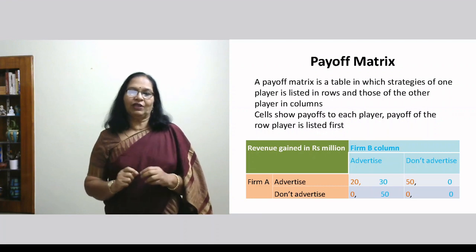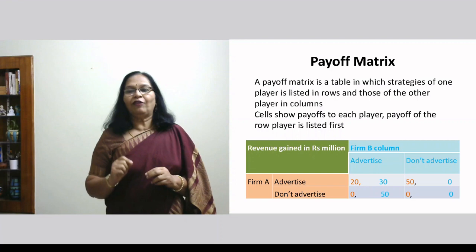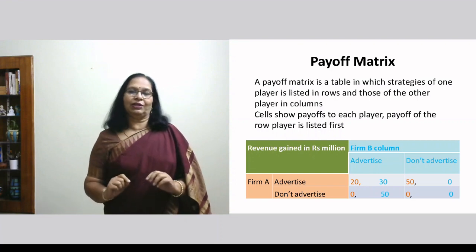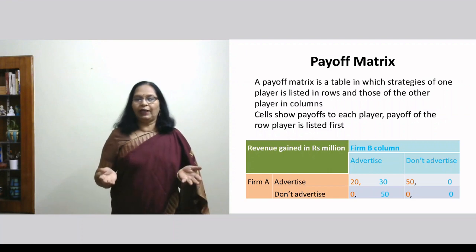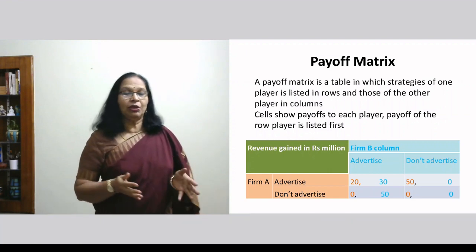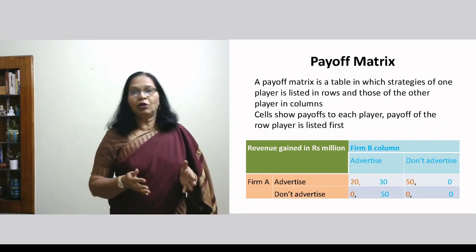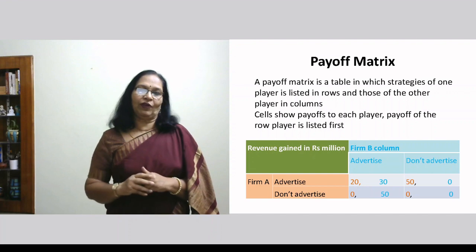Now let's take the first row, which is the firm A decides to advertise and firm B also decides to advertise. If both the firms decide to advertise, what do we get? We get that firm A will get 20 million because of advertisement, and firm B will get 30 million because of advertisement.